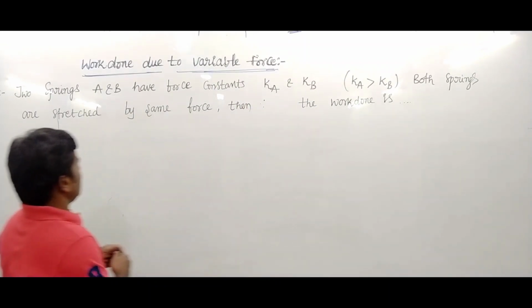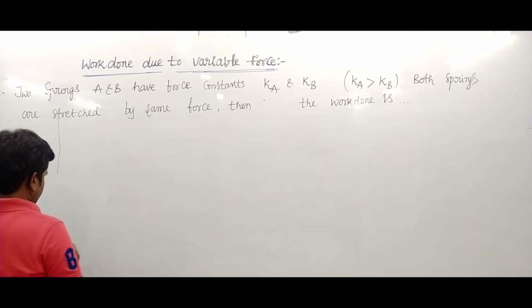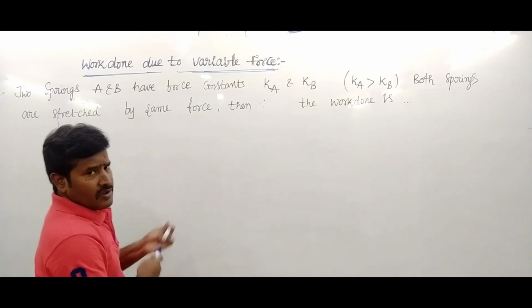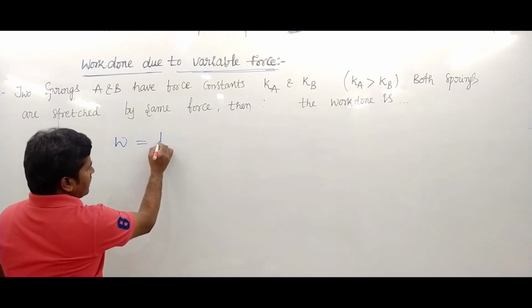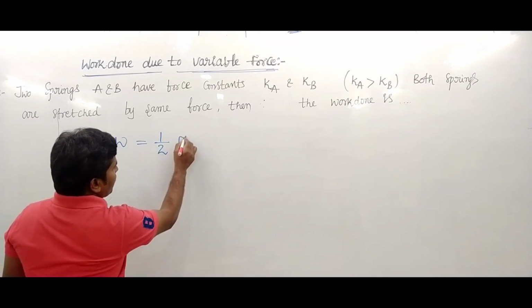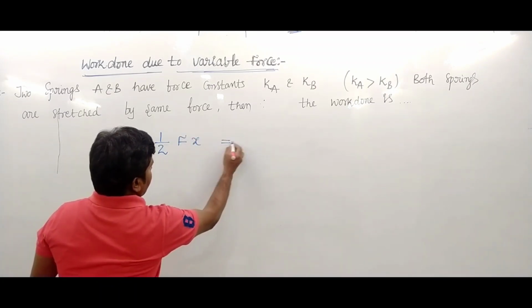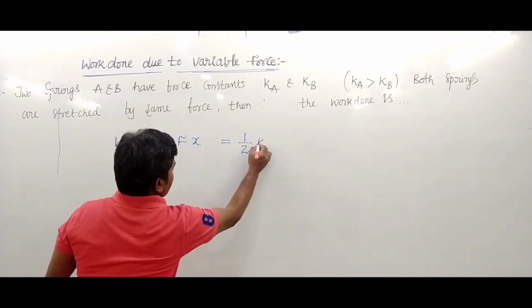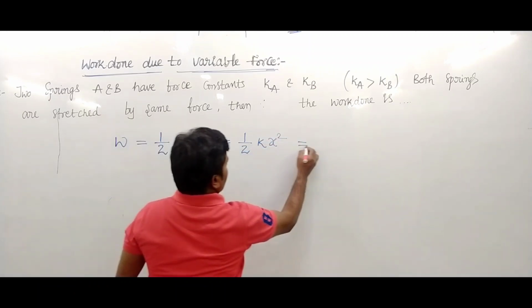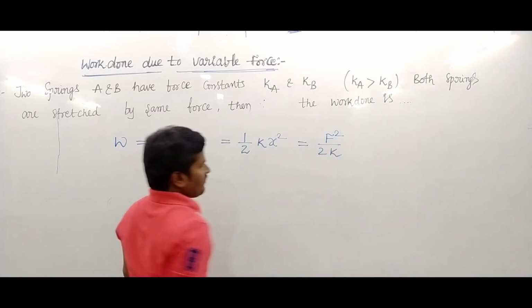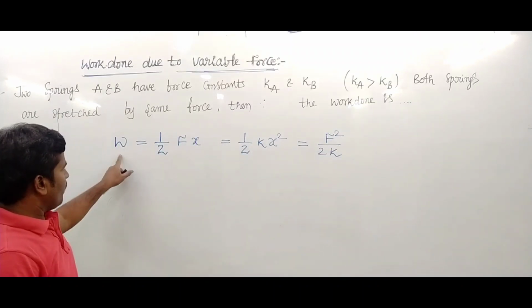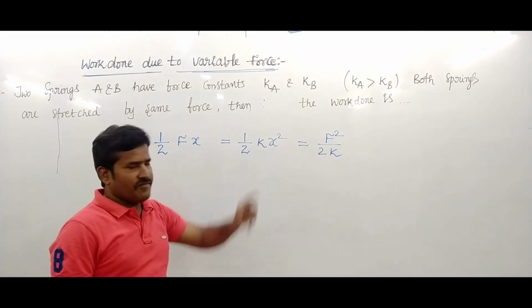Here you know that work done is W equals force into displacement. For a stretched spring, it is Fx, otherwise half Kx square, or F square by 2k. These are the three formulas.